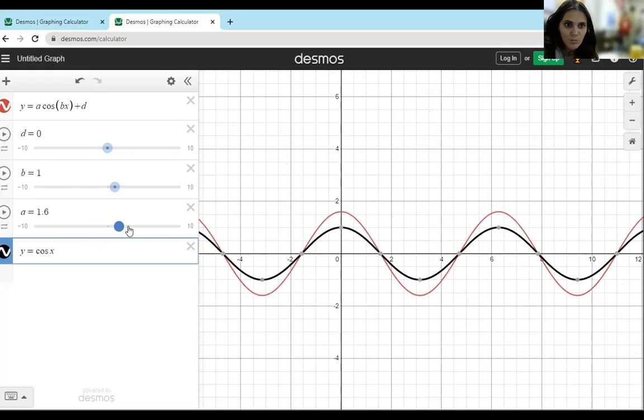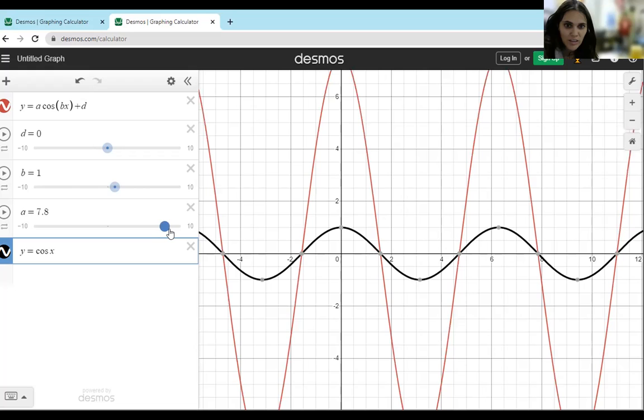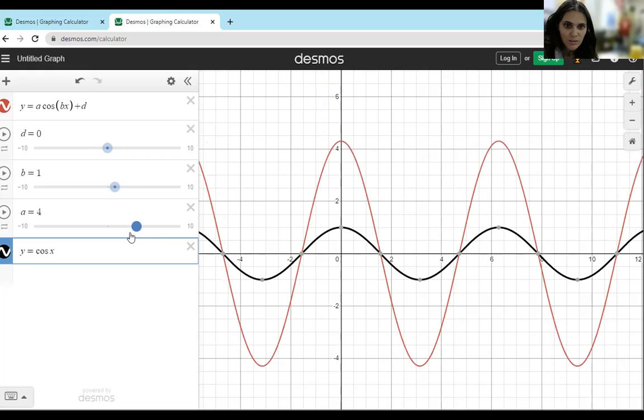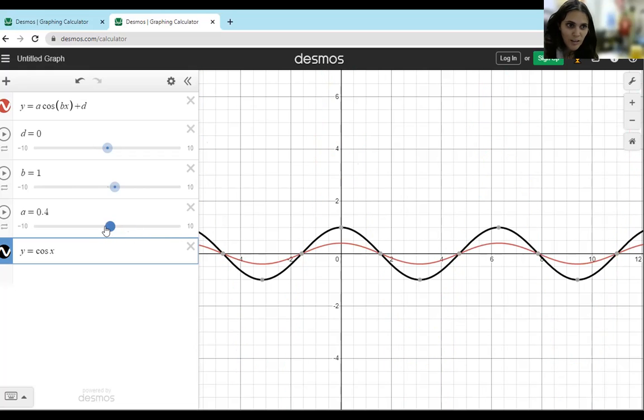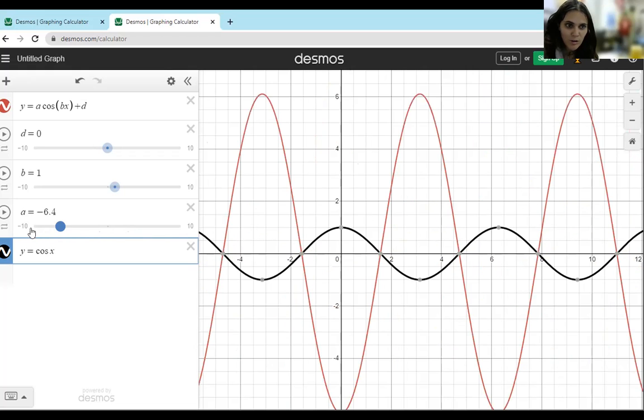And we said when a is bigger than 1, my amplitude creates a vertical stretch. And again, that works for absolute value too. If you have a negative tiny little fraction, it's going to compress it towards the midline. If you have a negative number bigger than 1, it's going to vertically stretch it.